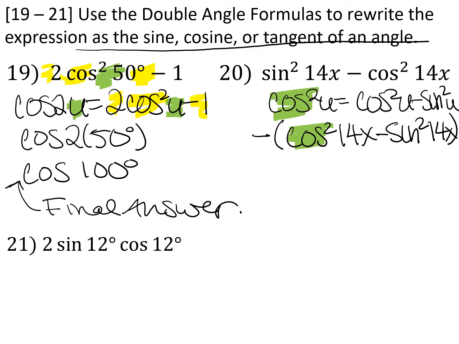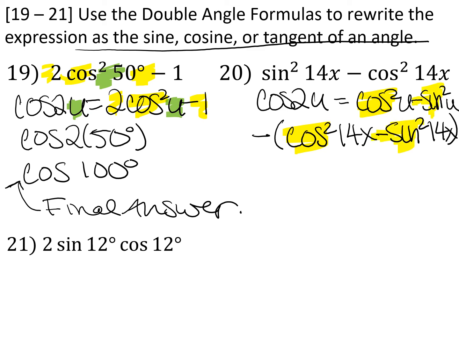Take it back. I don't know what I was thinking there. This would be cosine of 2u. Sorry. And then here I would go, okay, cosine squared shows up right here, and then sine squared shows up right here. The minus sign's even in there.